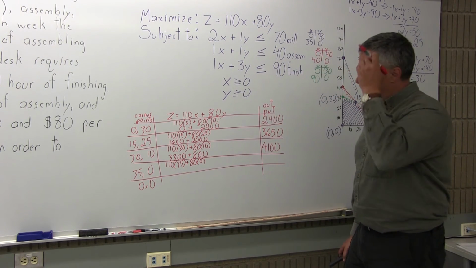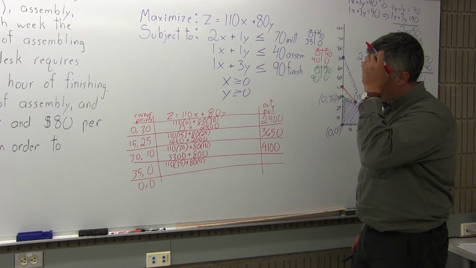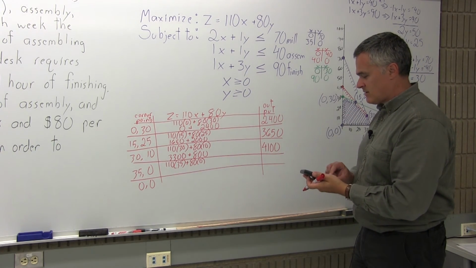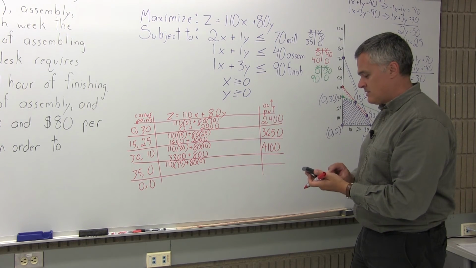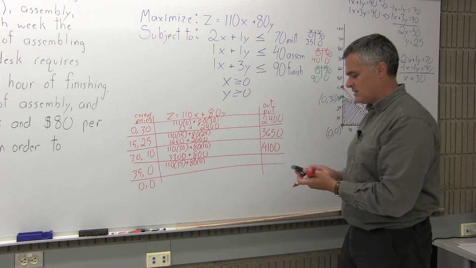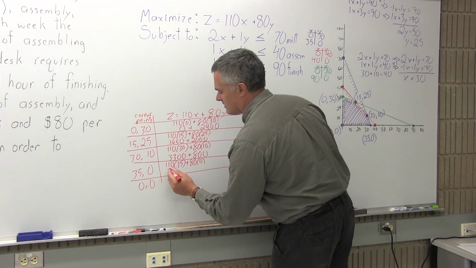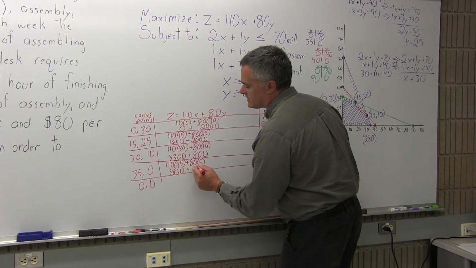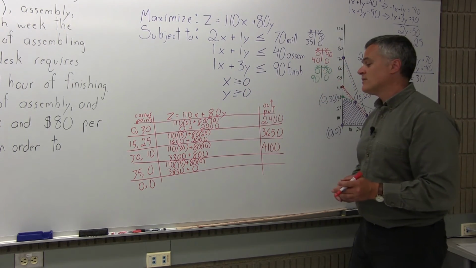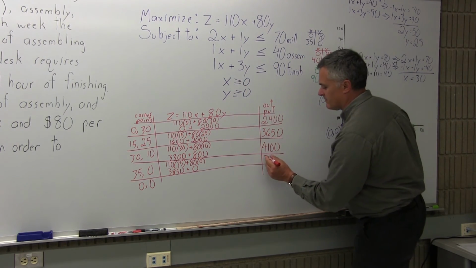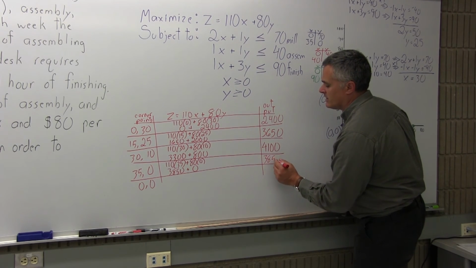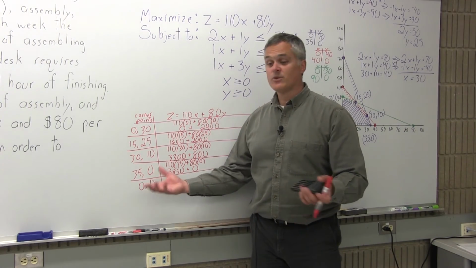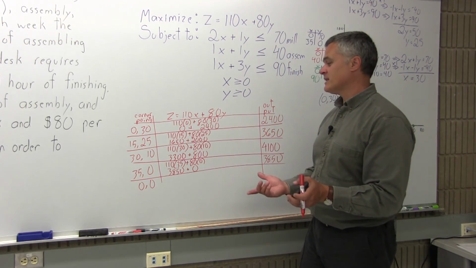So 110 times 35, I think, is 3,850, but I should check that. 3,850. And then 80 times 0, of course, is 0. That's very easy. So 3,850 plus 0 is 3,850. So we can make a profit of $3,850 by making only desks until we run out of material, basically, is what it means. 35 desks and no chairs.